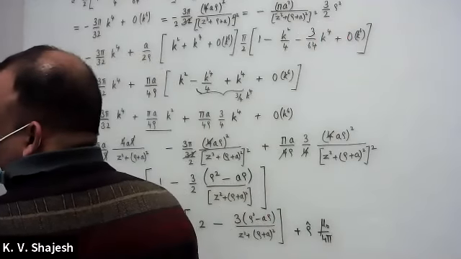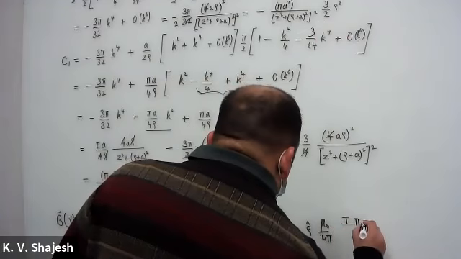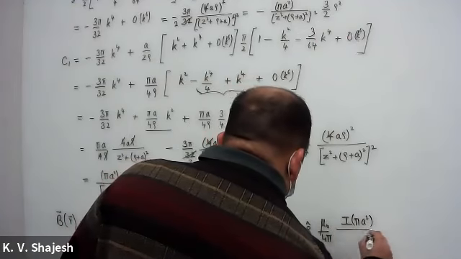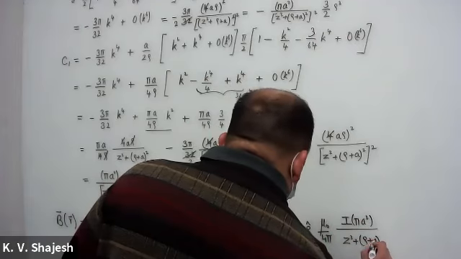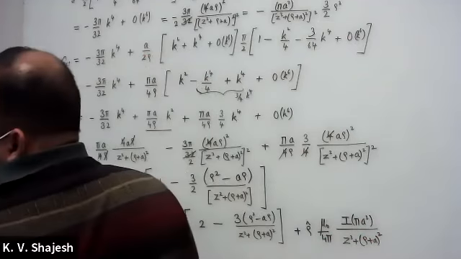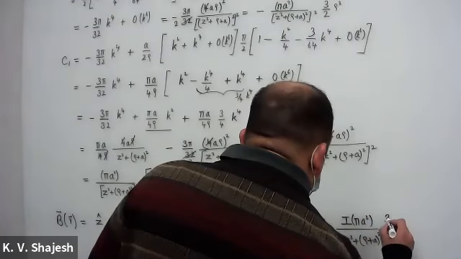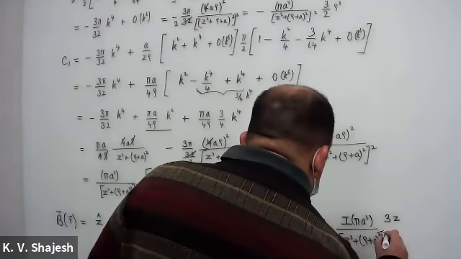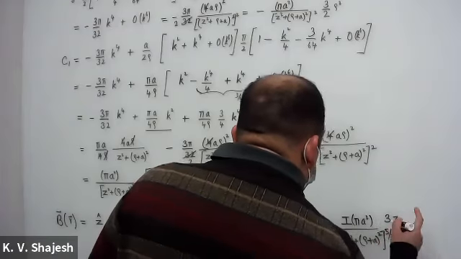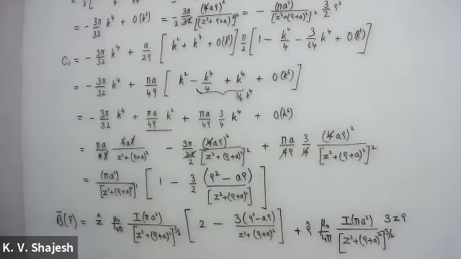Then there is a 2 that goes away. This is pi a square over z square plus rho plus a the whole square. And I have 3 times z, so this is 5 by 2 now. And one of the rho cancels out, and we have 3 times z times rho.